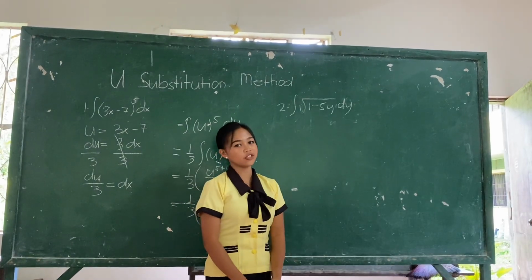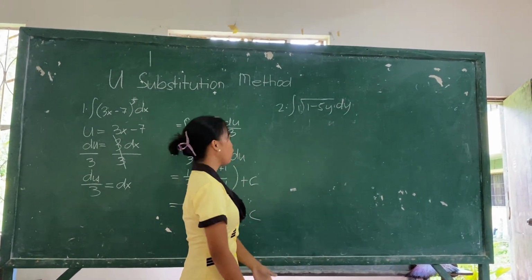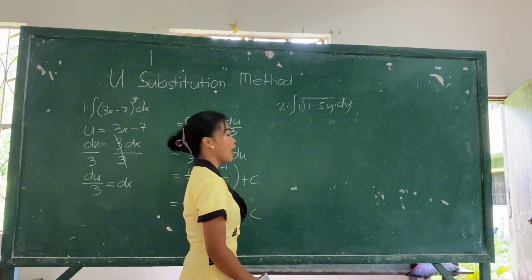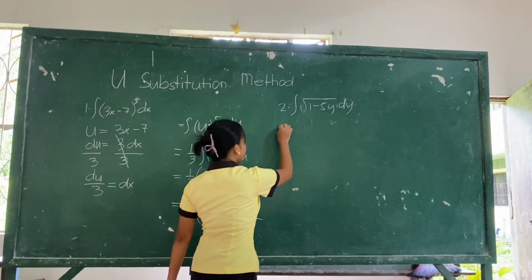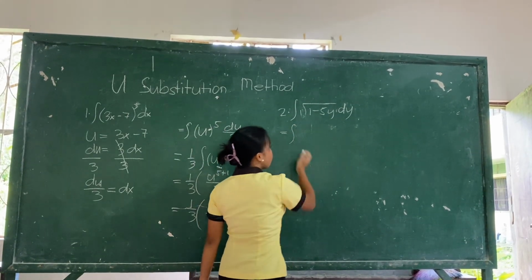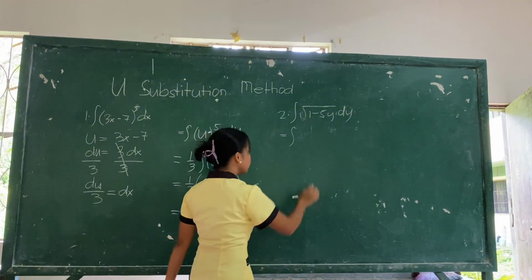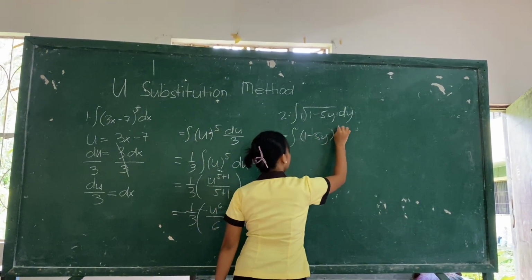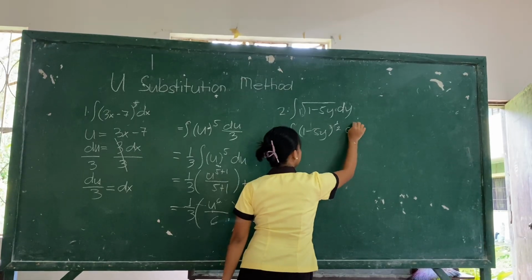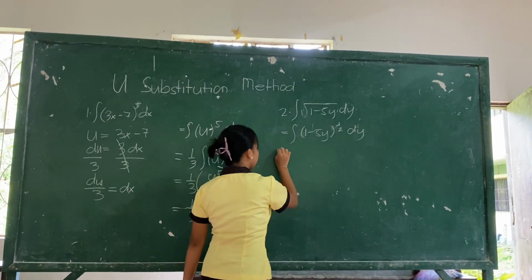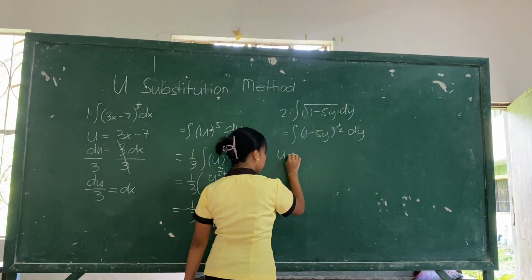Now let's move on to the next example. Our next example is integral of square root of 1 minus 5y dy. Since we can rewrite square root of 1 minus 5y as (1 minus 5y) raised to the power of 1/2 dy. Then next step, we will find the u.